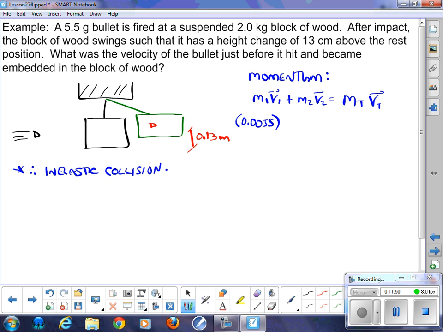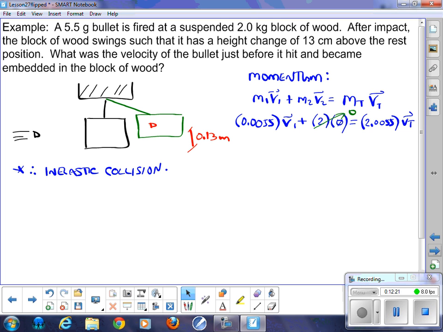I don't know the velocity of the bullet. That's what I'm looking for. Now mass 2 is the mass of the block. It's 2 kilograms. It's not moving, so it's 0. Mass total is 2.0055. And I don't know the velocity that the block is moving backwards. I don't know vT. So that means I have two unknowns in this particular equation. So vT, and this one goes to 0.